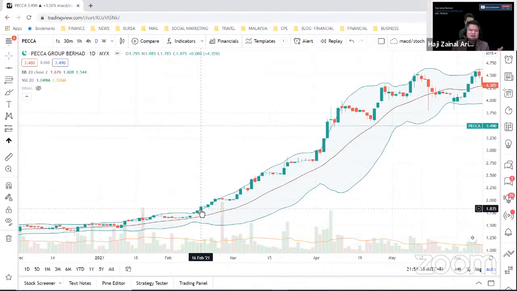Let's say I use a percentage stop loss level. For an easy example, if my betting size is 10,000 ringgit, every time I buy 10,000, I'm willing to risk 500 ringgit of my capital.